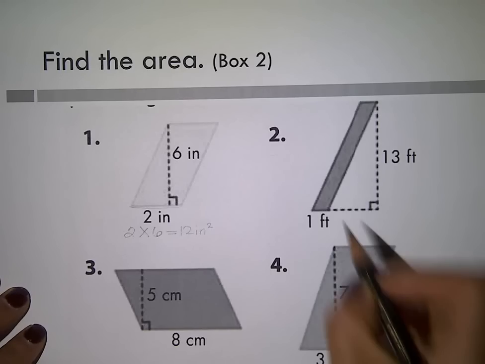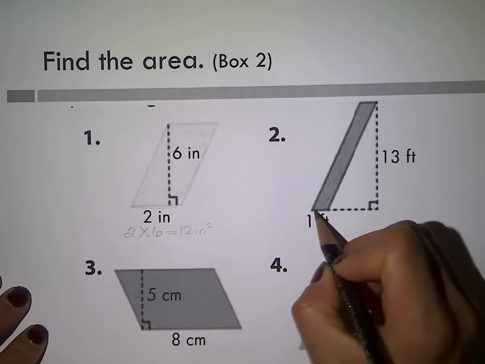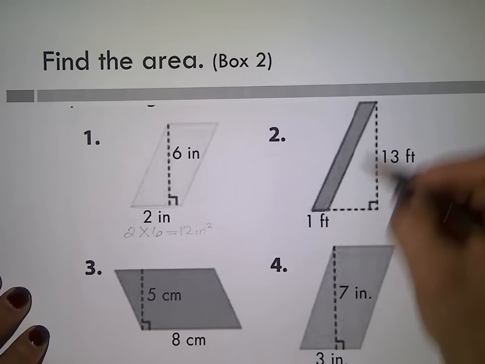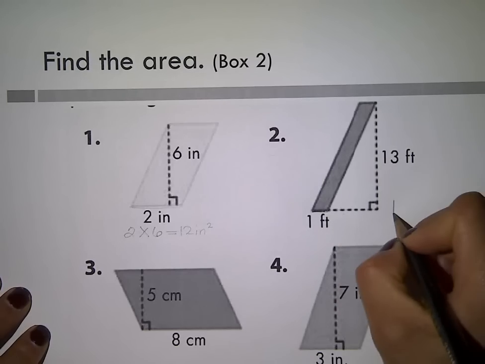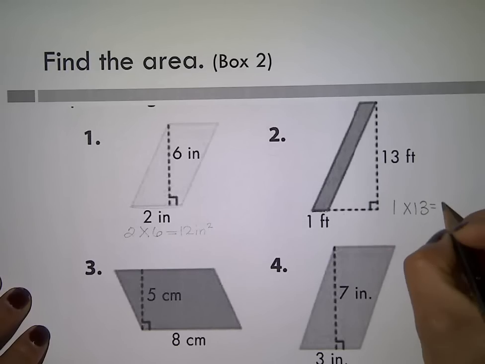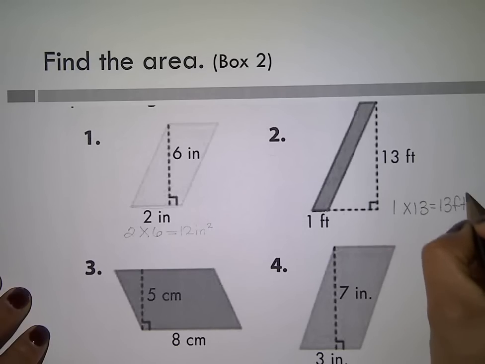Let's look at number 2. The base is 1 foot, and the height is 13 feet. So 1 times 13 equals 13 feet squared.